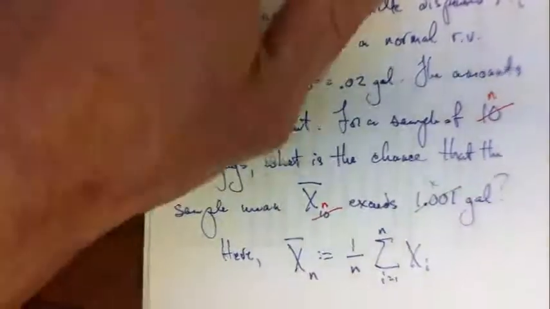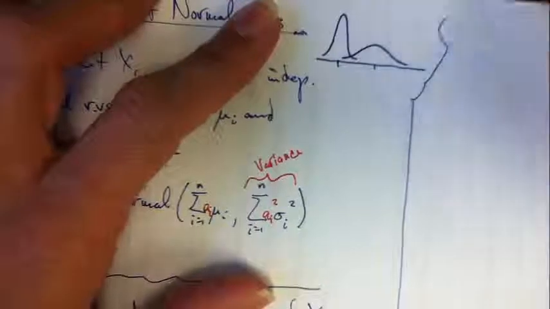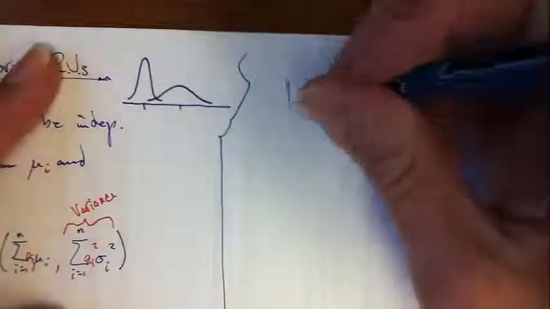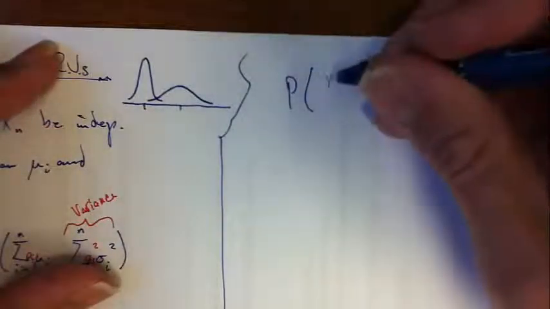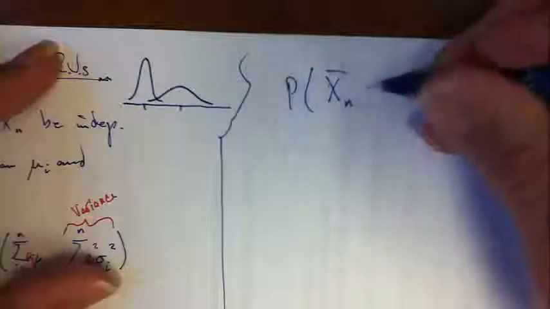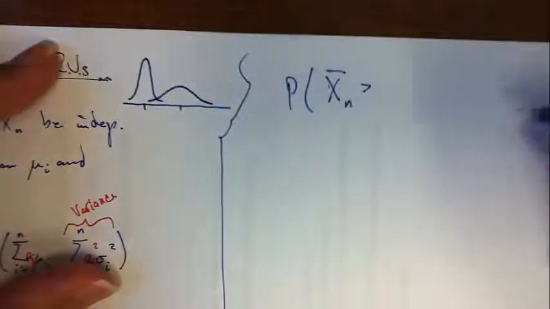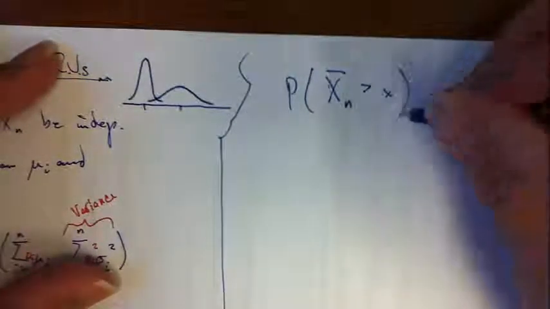All right, good. So let's write down what we're trying to find. We want to find the probability that the random sample mean exceeds some amount.